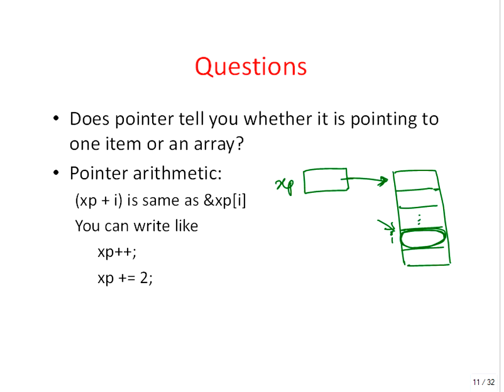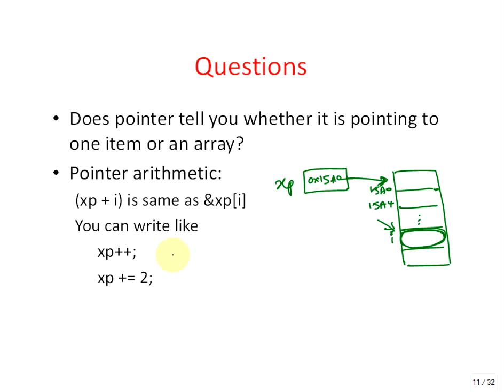Okay, so let's see. Initially, let's say the address is 15A0. When you do xp plus plus, the next one is 15A4, right? Because integers are 4 bytes, each word is 4 bytes.